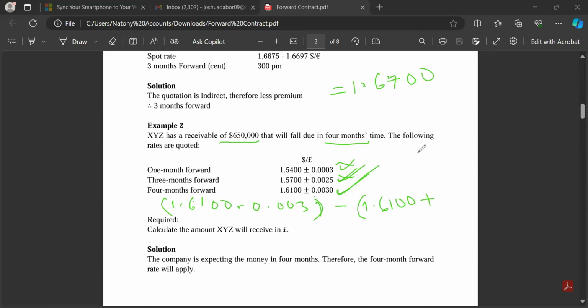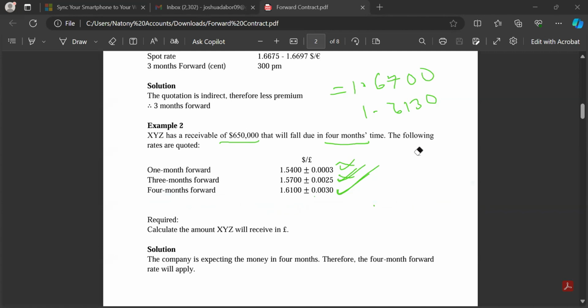So the minus always comes first, plus 0.0030. So the second rate will give 1.6130.